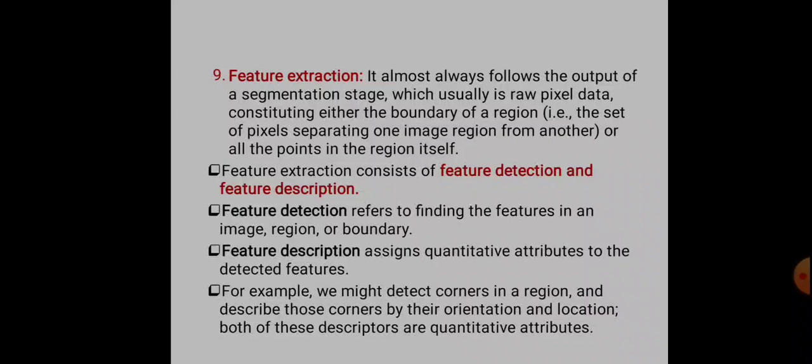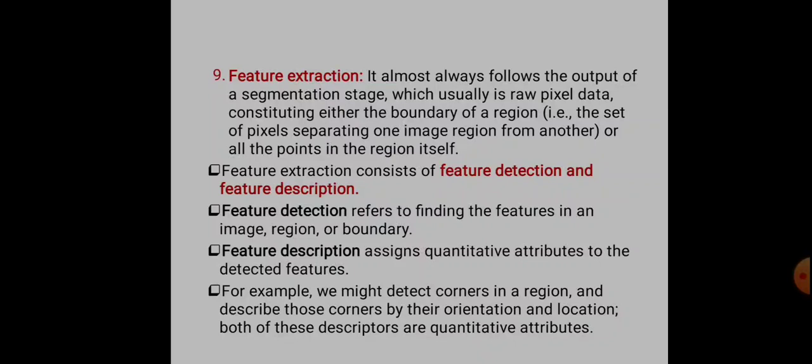Feature detection means finding the features in an image, region or boundary, just to detect the features. Feature description means assigning quantitative attributes to the detected features. After detecting features, you describe them. For example, detect corners in a region and describe those regions by their orientation and location. Both of these descriptors are quantitative attributes.